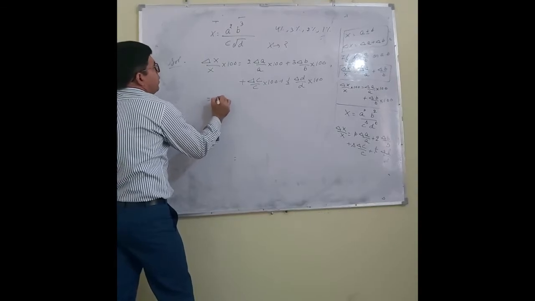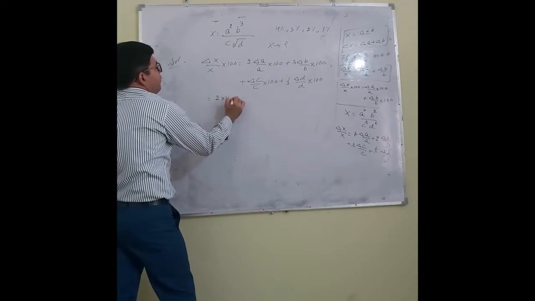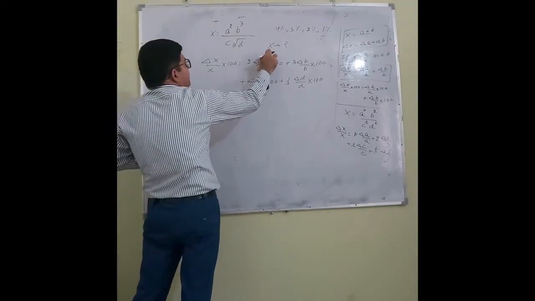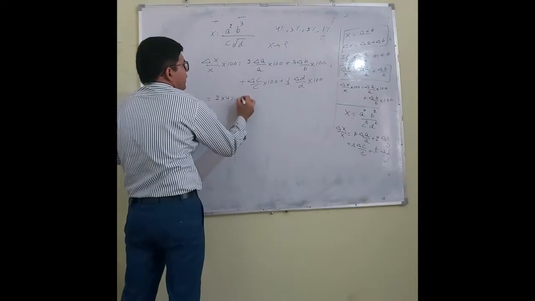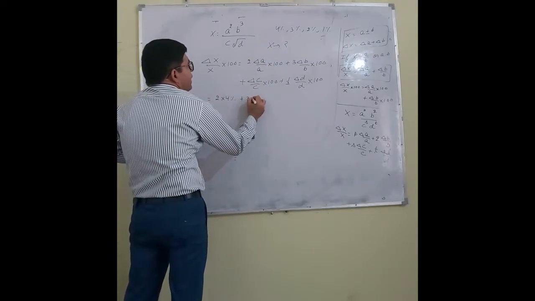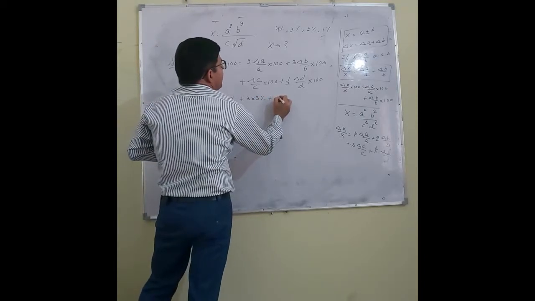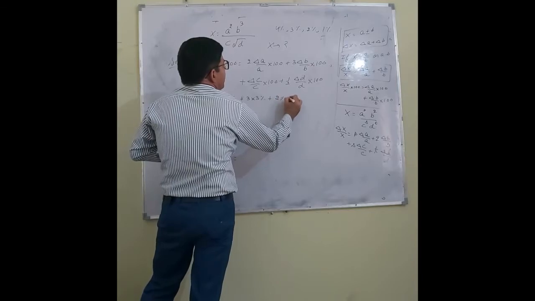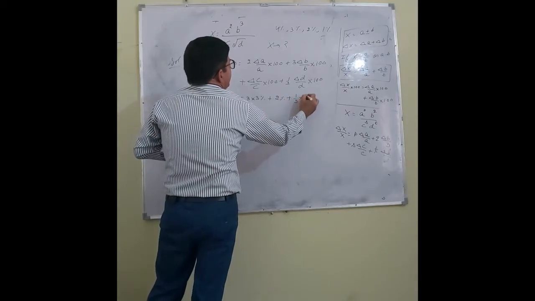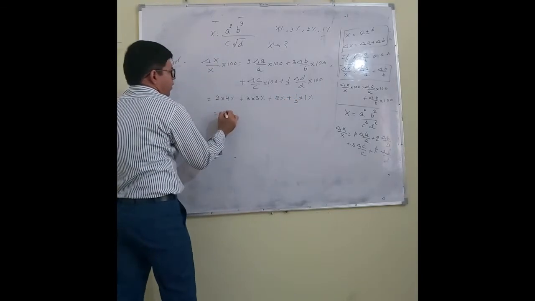This is 2 multiplied by 4%, because the percentage error in a is 4%, the percentage error in b is 3%, in c is 2% and in d is 1%.